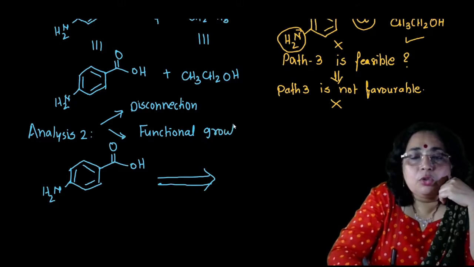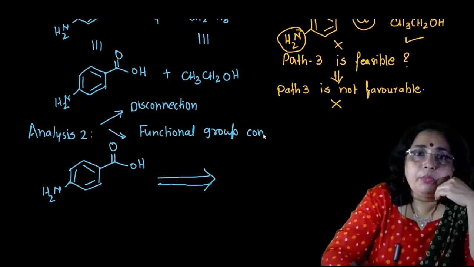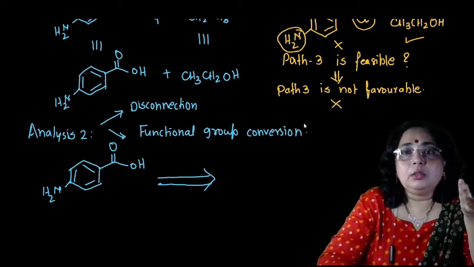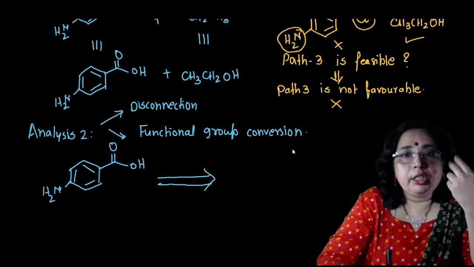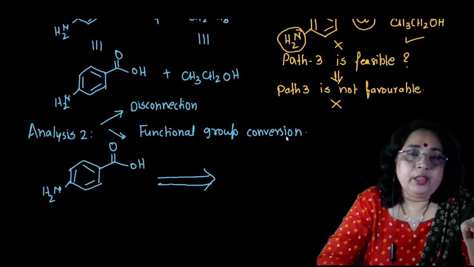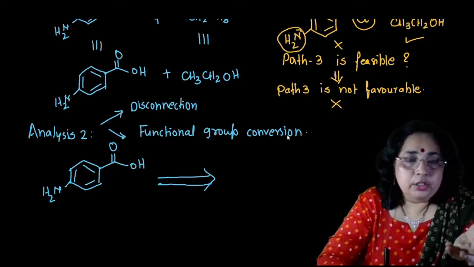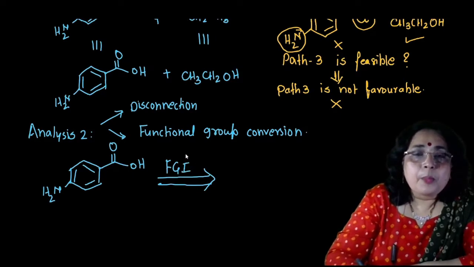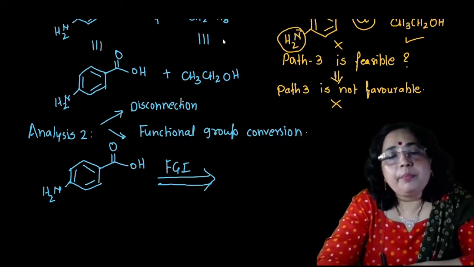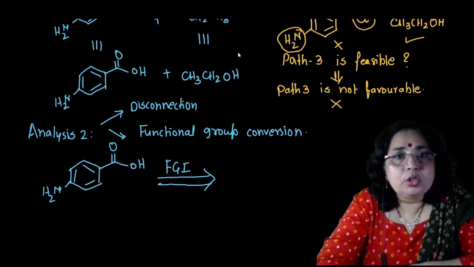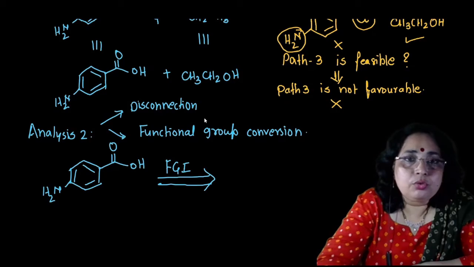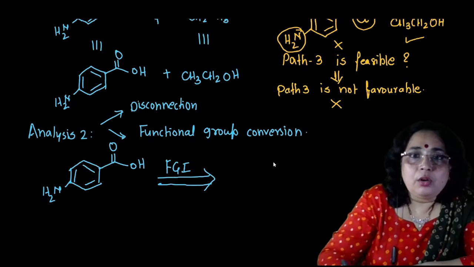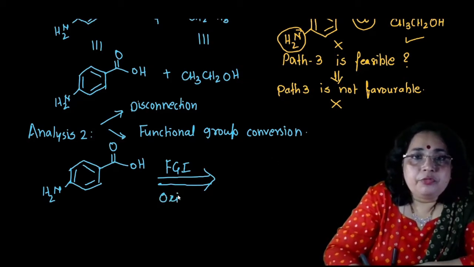You can select both approaches for achieving the target molecule. There are no restrictions as such. So in the first analysis we used the disconnection approach, and in the second analysis we are going to use the FGI approach.